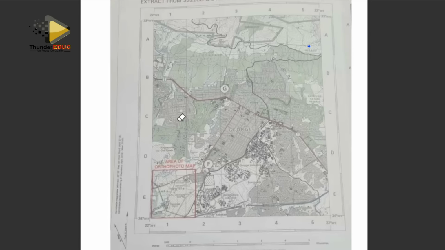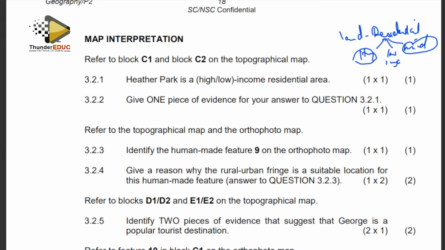They are far away from the city and they look to be having big blocks. You can see if this area covers from here to here, that is a block of land. From here to here, meaning that this area will be having high income earners. So that is how I'm concluding to say Heather Park is high income earners.